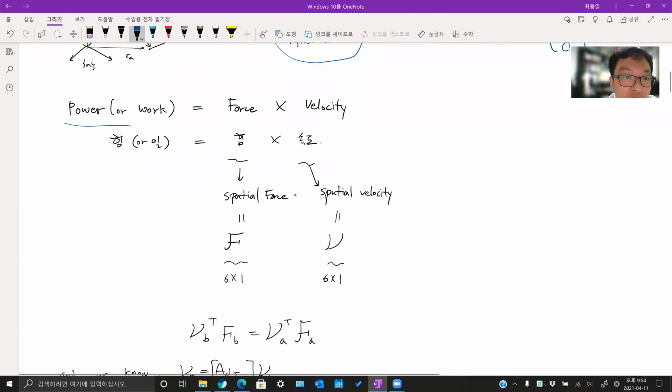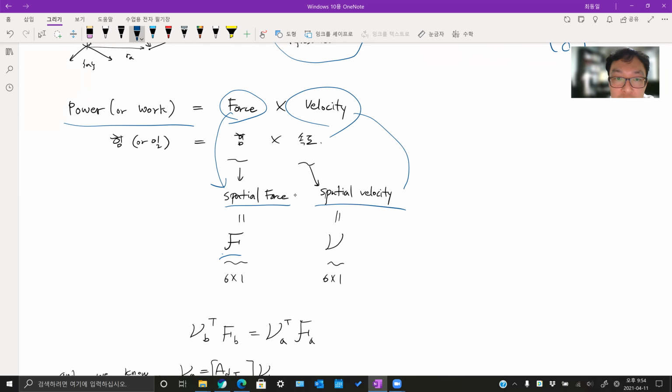Actually, work or power has the physical meaning of force multiplied by velocity. In our case, the force is the spatial force, the wrench, and the velocity is the spatial velocity.